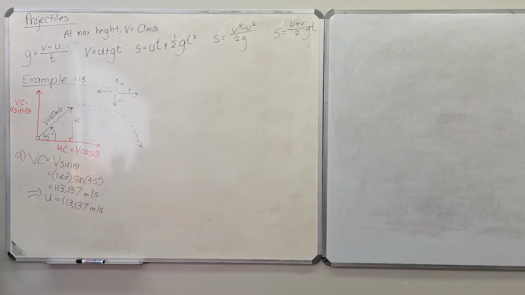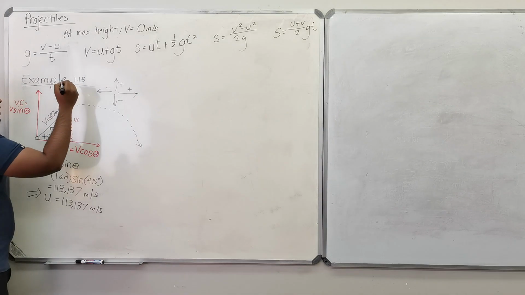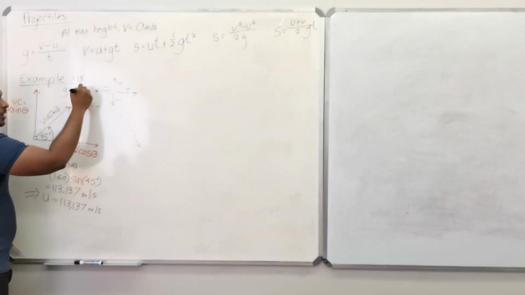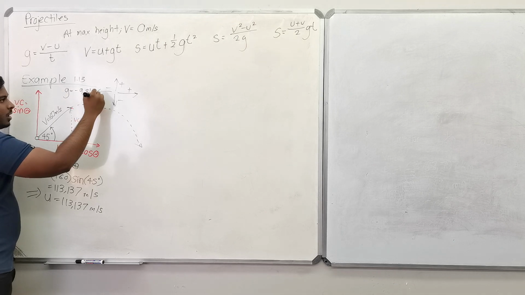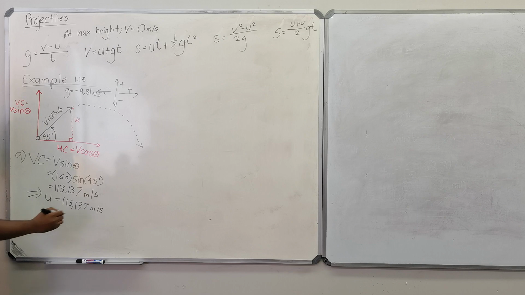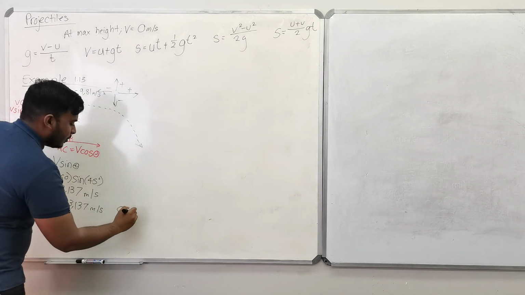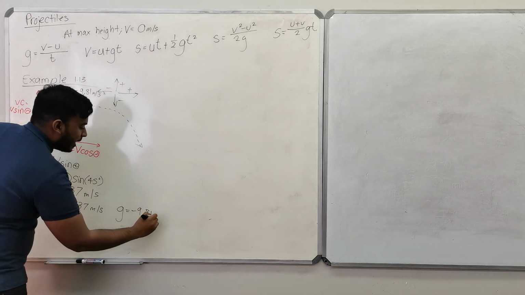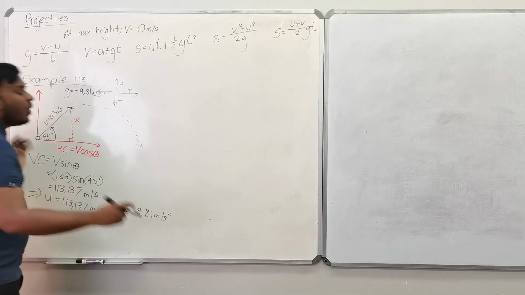What else do we know? What other information is always given to us? Gravity. Gravity will be equal to what? Minus 9.81. So we know that gravity is equal to minus 9.81 meters per second squared. What else do we know?